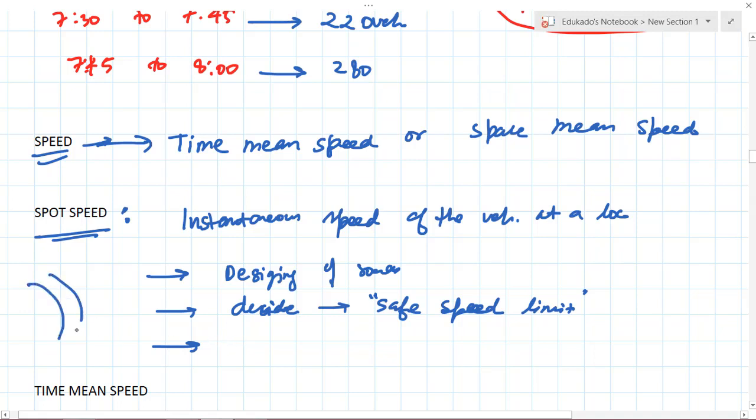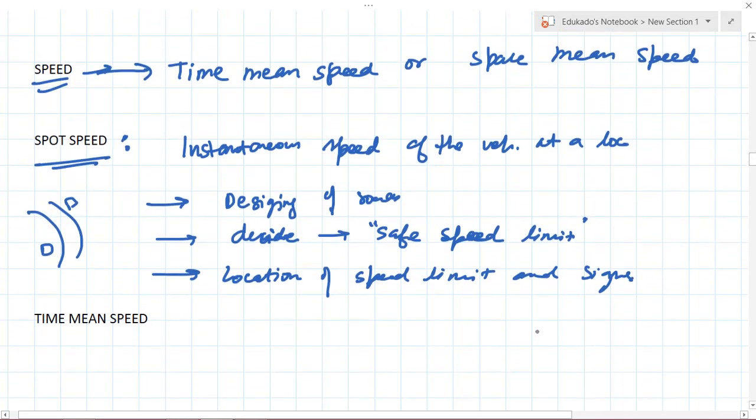If there's a road like this and you are providing some signs over here and here that reduce the speed, you need the location. To calculate the location, you need to know the instantaneous speed of a vehicle at that particular location. That's all the spot speed is. At a particular spot, what is the speed of that vehicle? So for the location of speed limit and signs, the spot speed is also used.